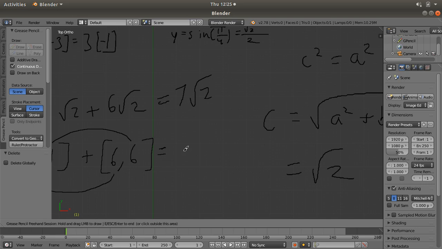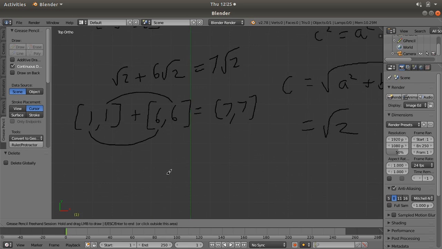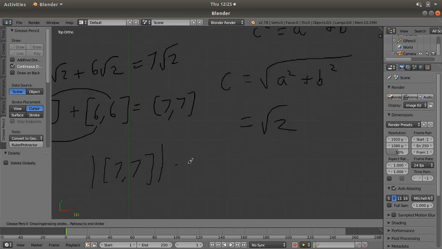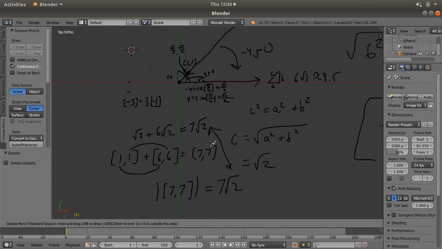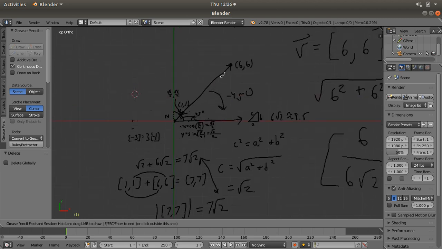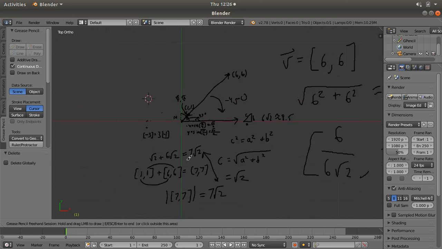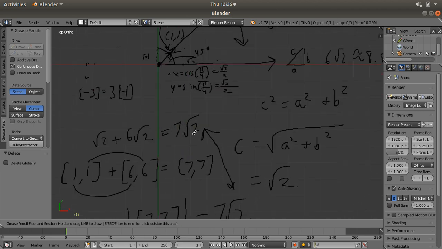So you get 7, 7. And the magnitude of 7, 7 is equal to 7 root 2, which is equal to that. So the way these vectors add as vectors and as numbers is the same.